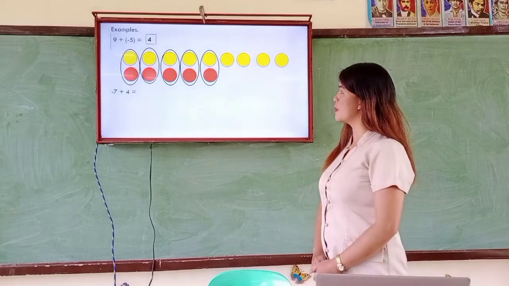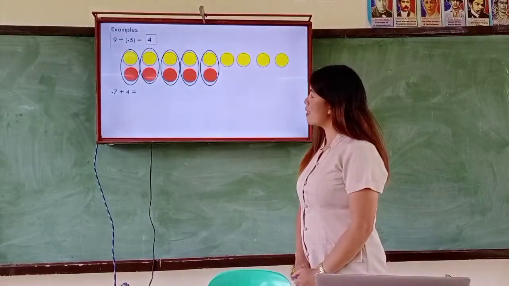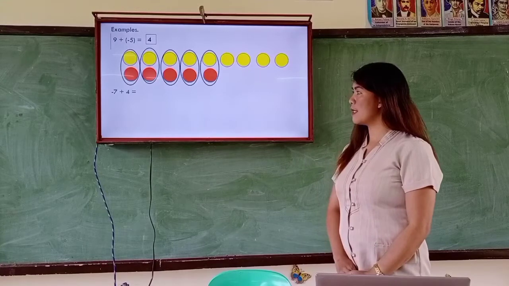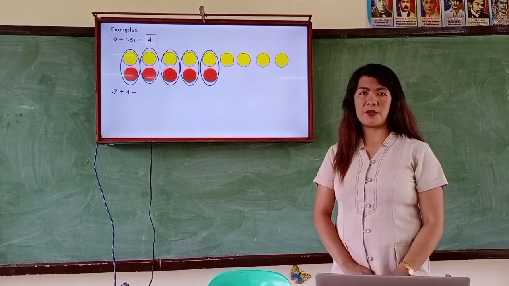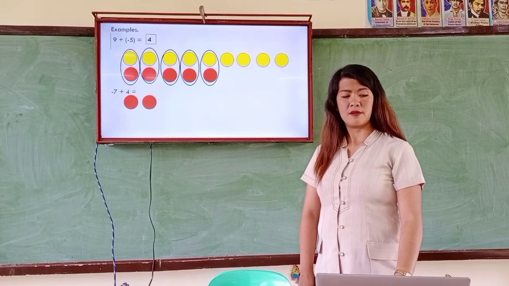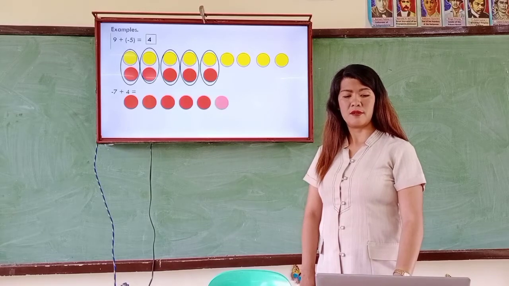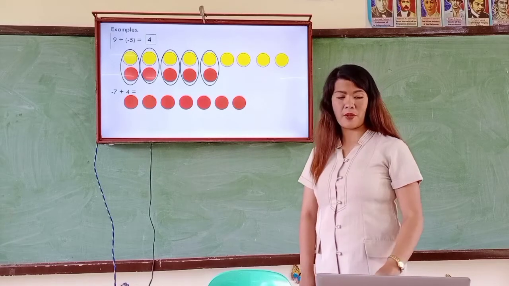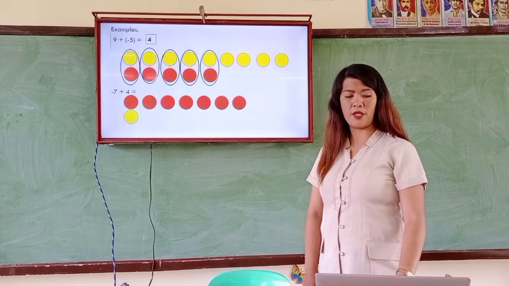4 yellow chips. Another example, we have negative 7 plus 4. Negative is represented by red chips, so we have 7 red chips, plus positive 4, which is represented by yellow chips. So we have 4 yellow chips.